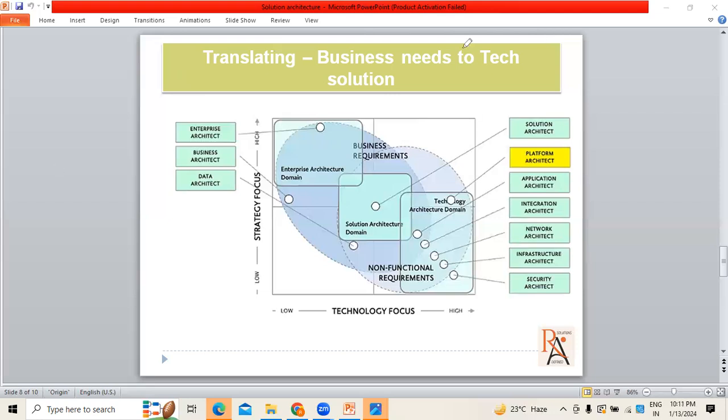So whenever we are talking about this business perspective, this is where generally the focus of strategy will be taken into consideration. So why are we focusing more on the strategy? Because this is something relating to the business perspective of the application that we are going to develop.